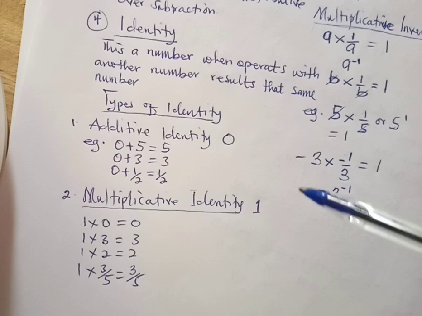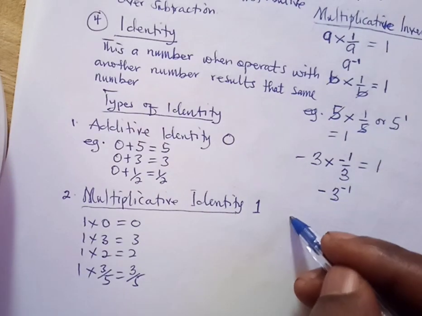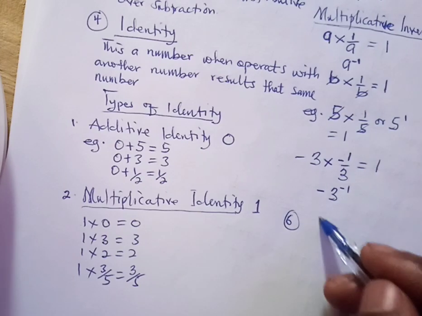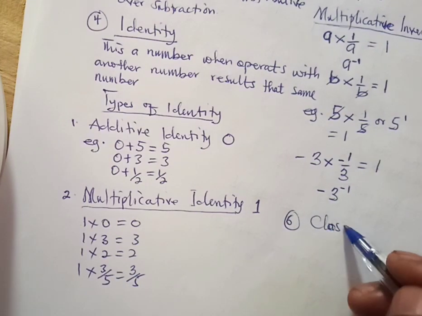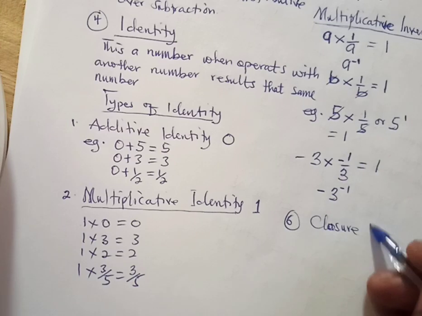Now let's end our lesson by talking about the last property, the sixth property, which is the closure property.